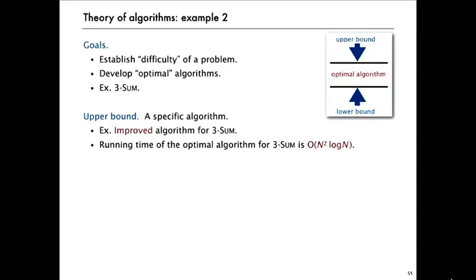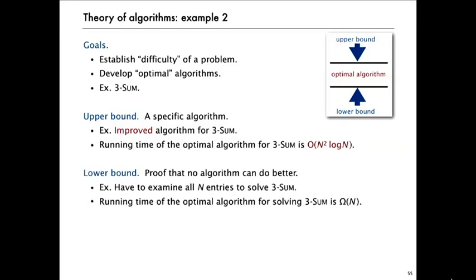But we found an improved algorithm whose running time is O of n squared log n. So that's a better upper bound. For the lower bound, well, we have to examine all entries because, again, we might miss one that makes the three-sum equal zero.